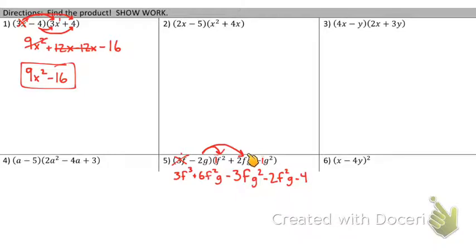But we want to put the f first. There's nothing multiplying with the f, so the f just comes along, and we have g to the second. All right, and then last, negative 2g times negative 1g squared. So negative 2 times negative 1 is positive 2.